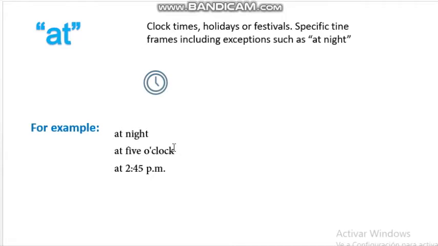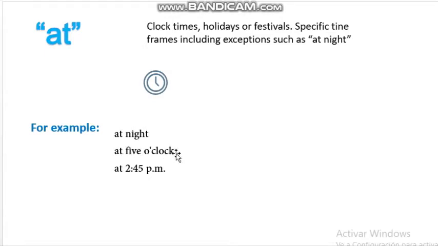So we have some examples such as at night, at 5 o'clock, at 2:45. That means that we can use at with night, and with the time, which we can change.